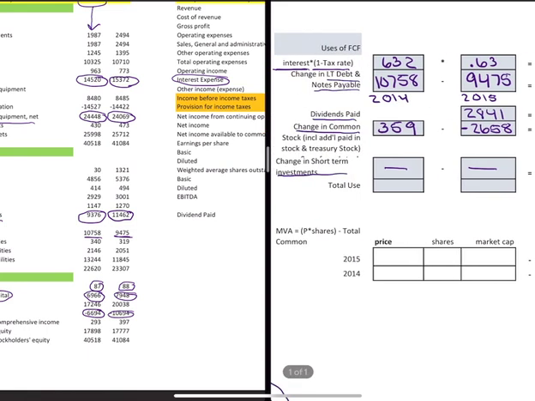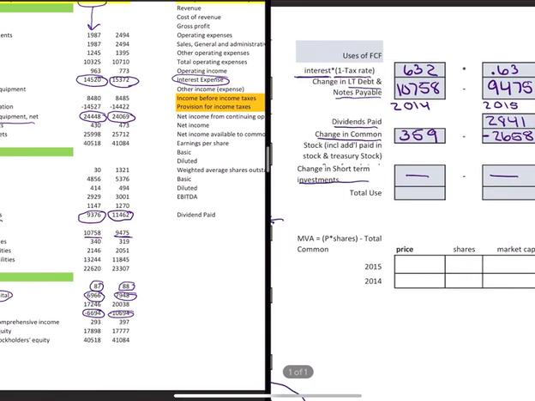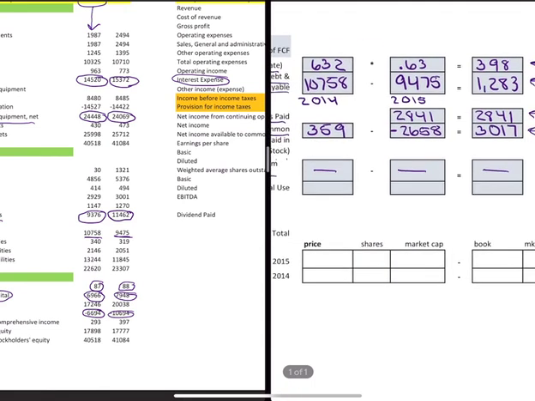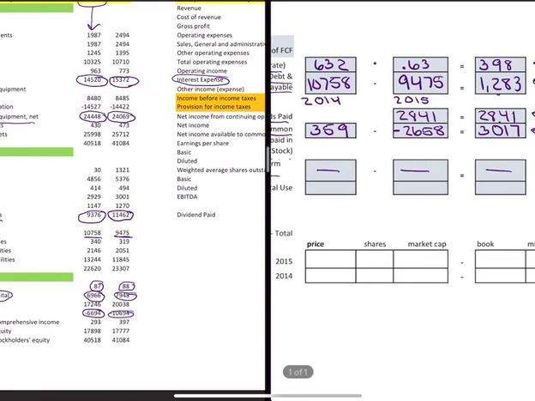But how we calculate this is going to be different depending on our calculations. So we know that they paid off this amount, the 1283. They also paid out the 2841. And then there's this 3017, as well as the 398.